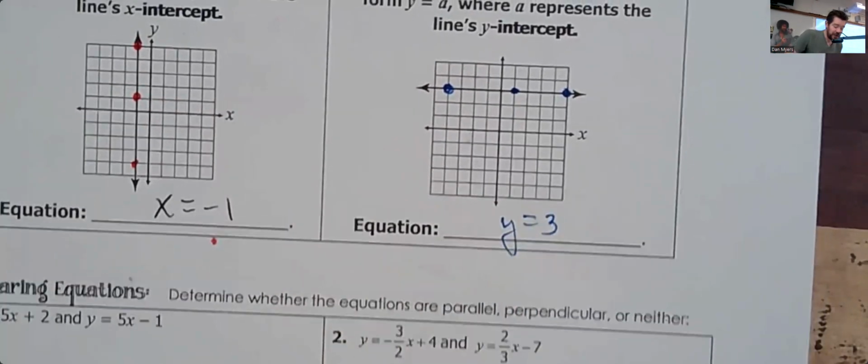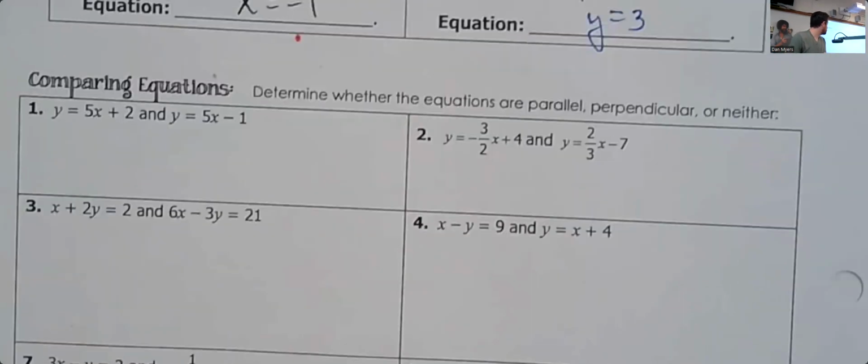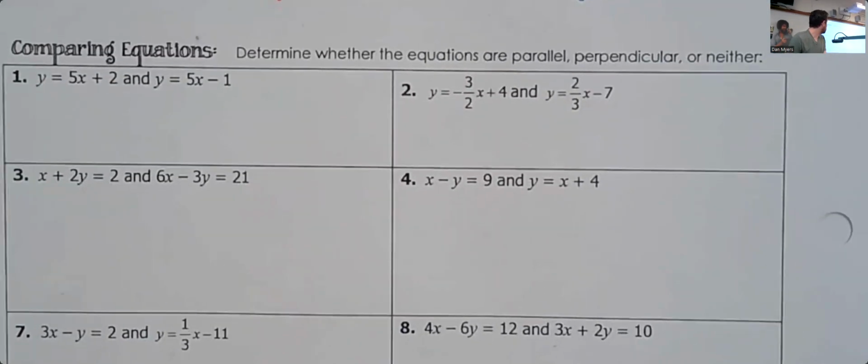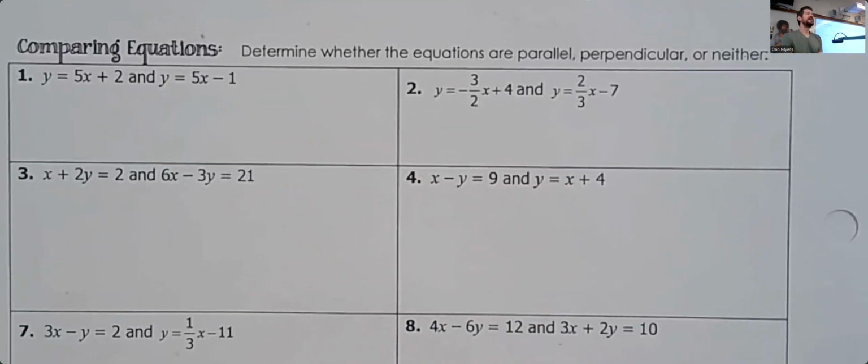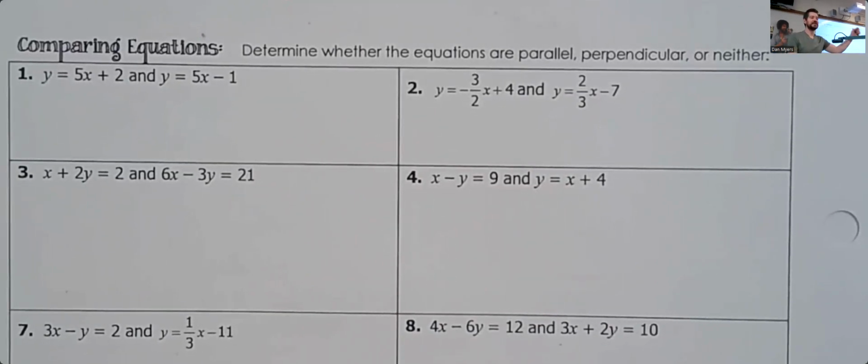All right, now we are going to be comparing equations. And we are going to determine whether the equations are parallel, perpendicular, or neither. Now, yesterday we talked about what makes lines parallel, perpendicular, or neither. What makes lines parallel? What makes lines perpendicular? Opposite reciprocal. What part of the line?